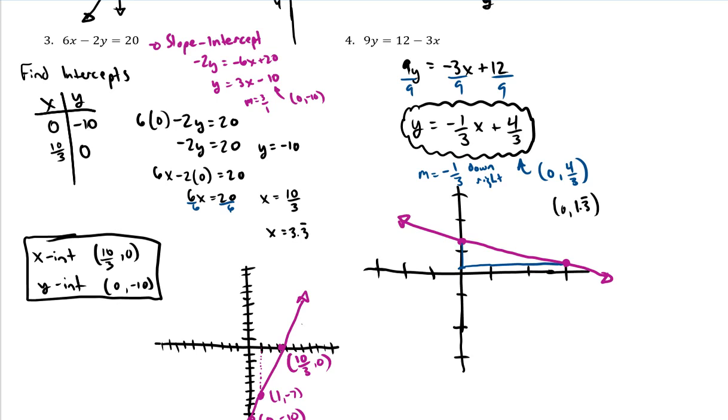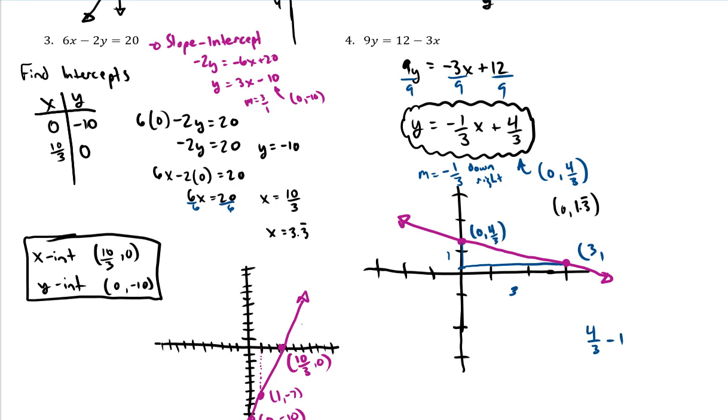Okay, so let's mark our point. So this was the (0, 4/3). There's our down 1 and over 3, just to mark our slope. Okay, and then if I want this point, well, we can definitely see the x-coordinate is 3. And then if I need the exact y-coordinate, well, I went down 1 from 4/3.